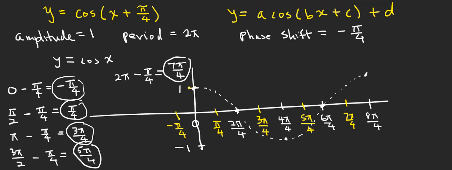So this point will end up over here because it's shifting to the left. And that point will end up over here. And this one over here. And that one over here. And finally this one will be over here. So y equals cosine of x plus pi over 4 will end up looking like this.